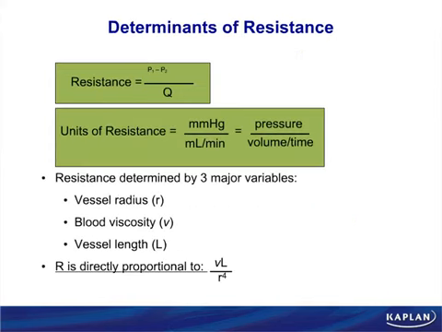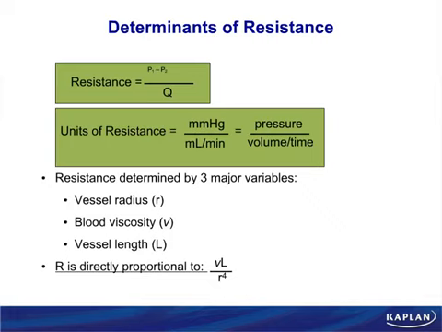What are our players for resistance? Vessel radius, blood viscosity, and vessel length. Resistance is proportional to the viscosity times the length over the radius to the fourth power.